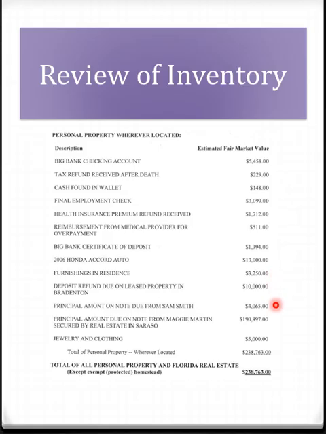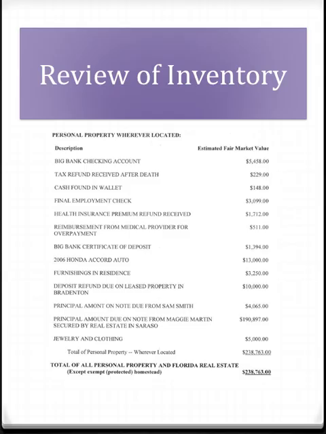We have a principal amount due on a note from Sam Smith and a principal amount due on a note from Maggie Martin, and some jewelry and clothing. These are assets that are available for distribution at this time.